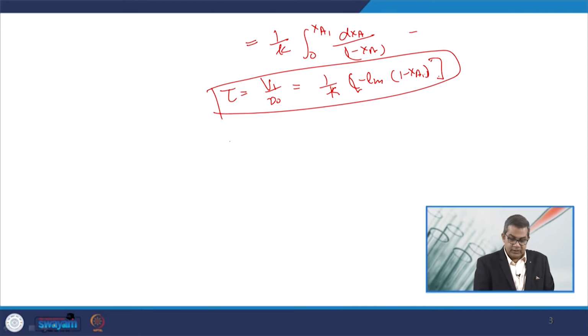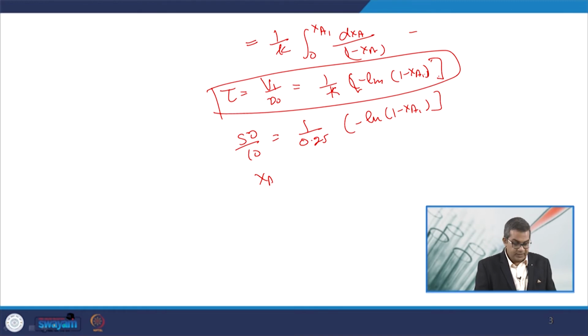Now if we substitute the values given in the problem, that is 50 upon 10 is equal to 1 upon 0.25 into minus ln (1 minus Xa1), Xa1 is equal to 0.7135.